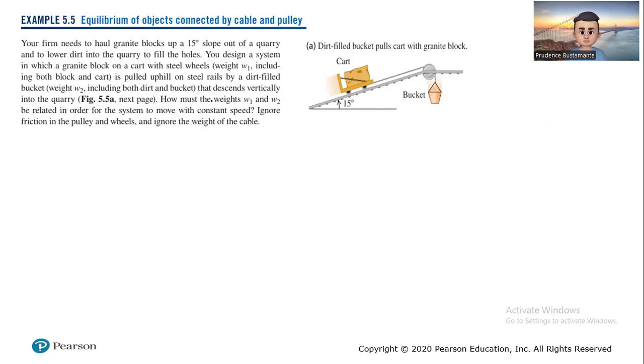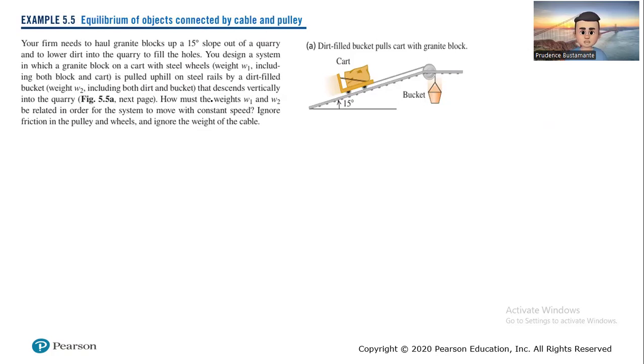You design a system in which a granite block on a cart with steel wheels, weight 1, including both the block and the cart, is pulled uphill on the steel rails by a dirt-filled bucket, which is weight 2, including both the dirt and the bucket, that descends vertically into the quarry. This is shown in figure 5.5a on your right.